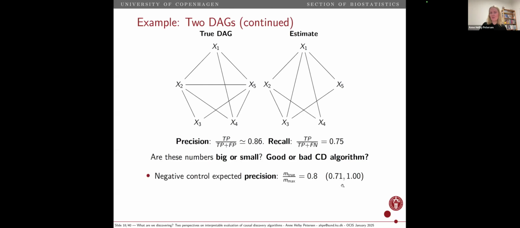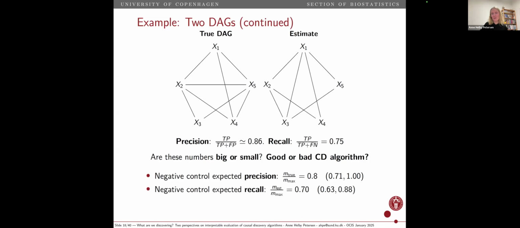And we get a confidence interval from 0.71 to 1. So this is actually a scenario where precision is not informative. It's very common to get values that are 1, which is the upper limit of precision. So you can't have something that performs better than random guessing with a 95% confidence interval in this setting.